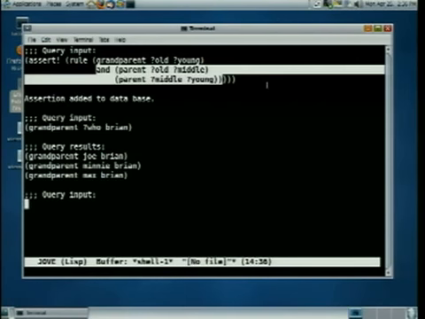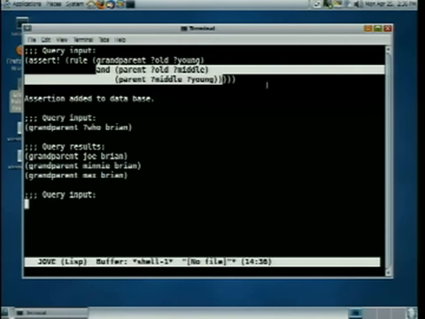So what and means is if all of its sub-expressions are true, then this is true. So it's a lot like the procedure, well, special form, and in Scheme, which says return the value true if all the arguments are true.